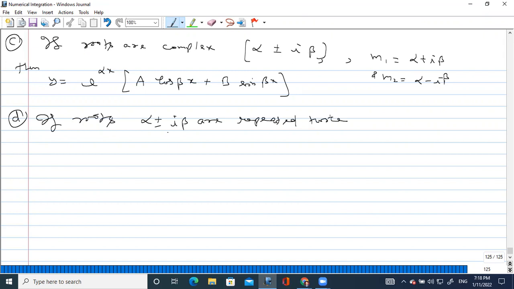But such a case will not be given in your exam because it will become lengthy. So y will become e to the power alpha x.